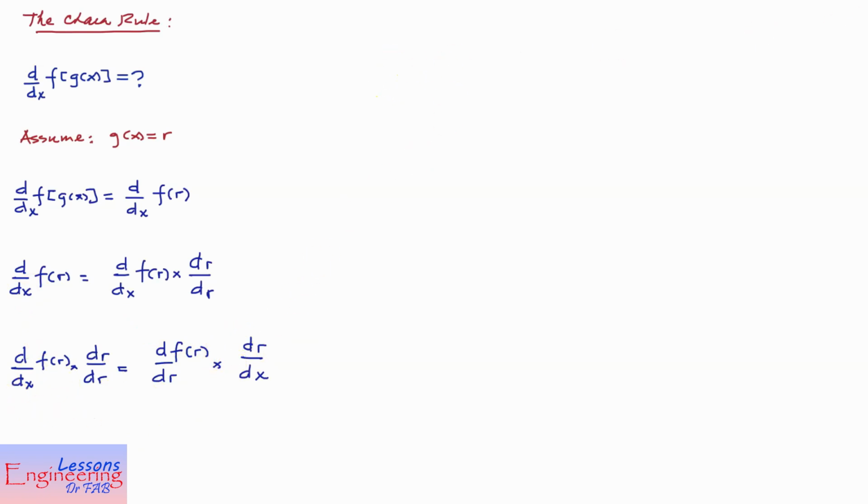Now substitute back g of x for r. We had d by dr of f of r times dr by dx.